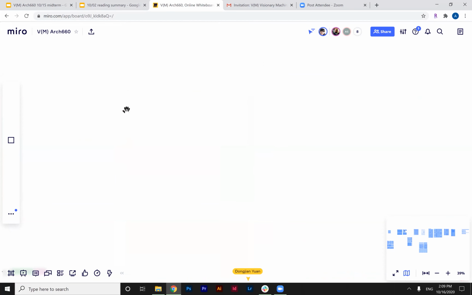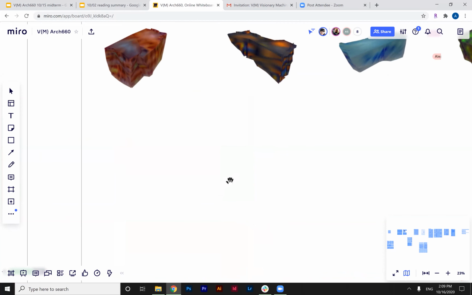I particularly liked this one in the center, where it started to suggest the forest as a built environment, almost like a temple. I thought this was a pretty interesting set of results.